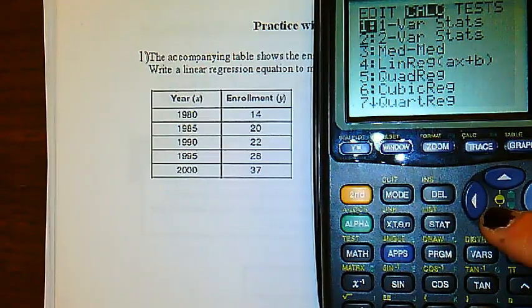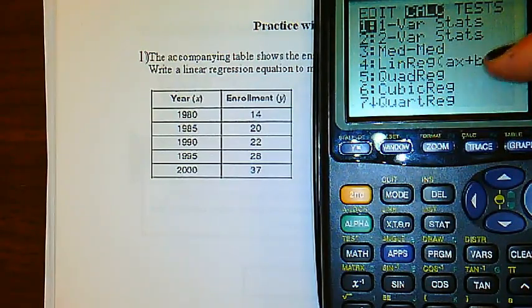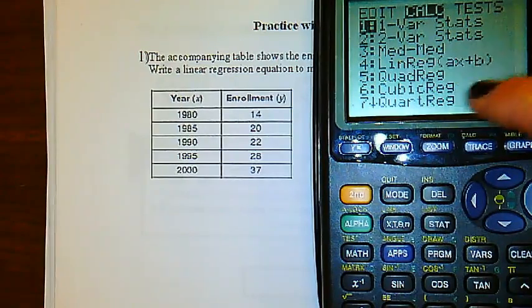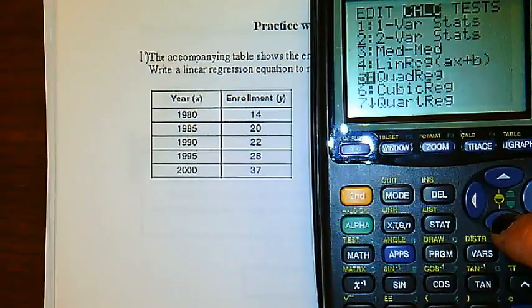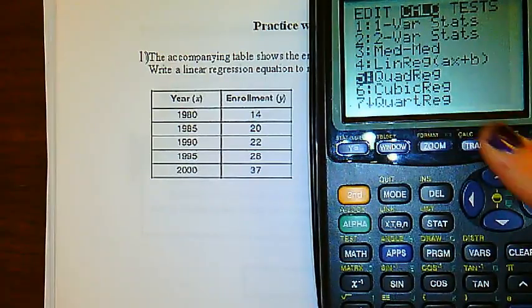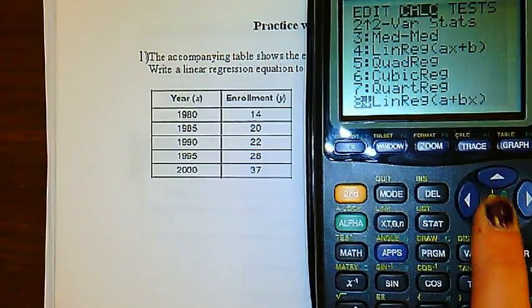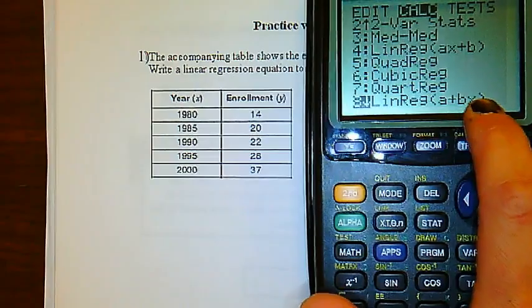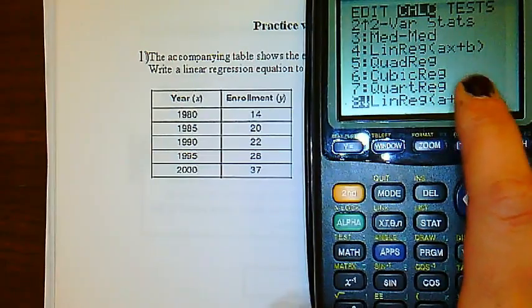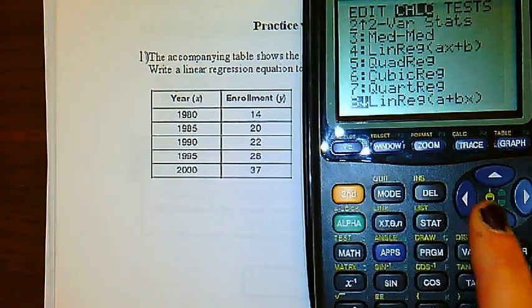If we want to find a regression, and for algebra 2 you use more of these, but if we just go through these, so lin reg, you can see right here, ax plus b, that's a linear equation. If I wanted to do a quadratic, and it would tell me, then you would do quad reg. Okay, and so down the line. Now if you look at number 8, this is also a linear regression, but the bx, that's not what we want. Remember, think of y equals mx plus b. So a is equal to m and b is just b.